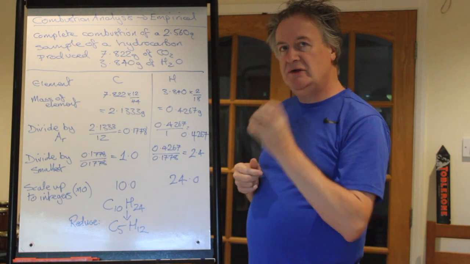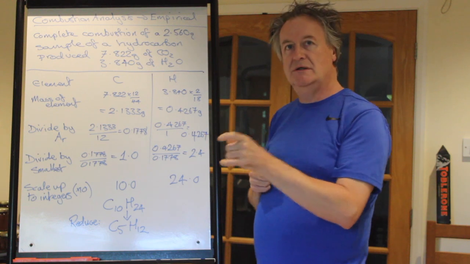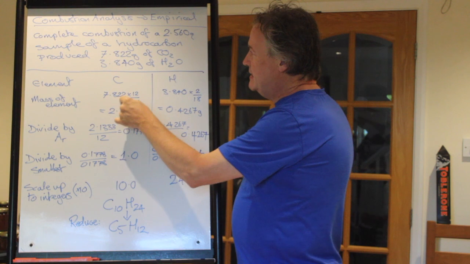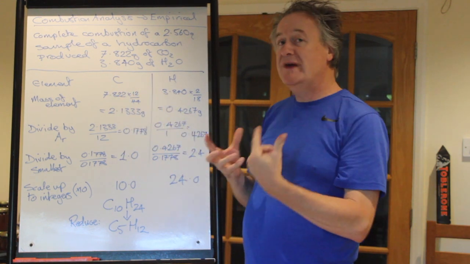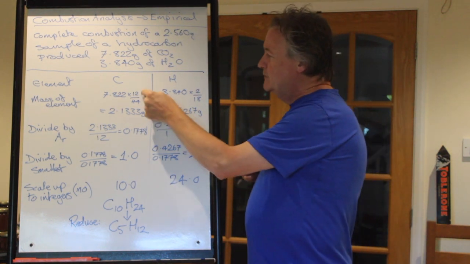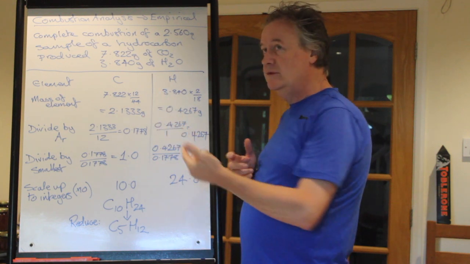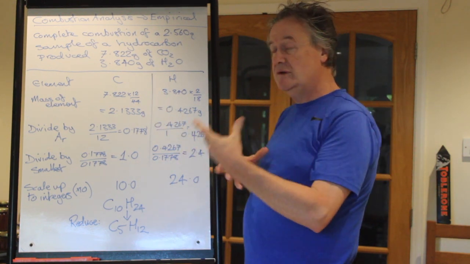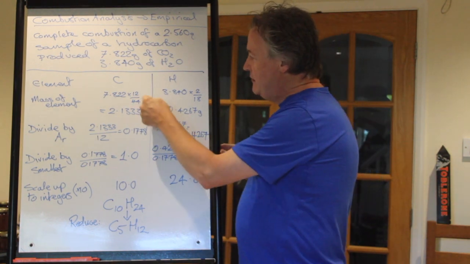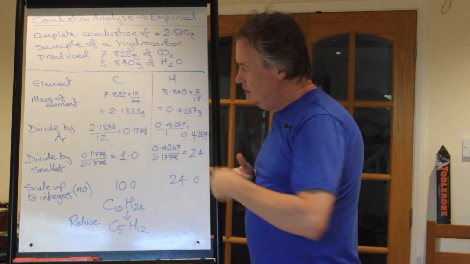So the first thing you do is take the mass of carbon dioxide and determine, from a simple little calculation, how much of that mass is actually carbon. The formula mass of carbon dioxide, always worth remembering, is 44, carbon is 12, so 12 grams out of 44 is carbon, multiplied by the mass of carbon dioxide, and out of that comes the number of grams of carbon, which is 2.1333.